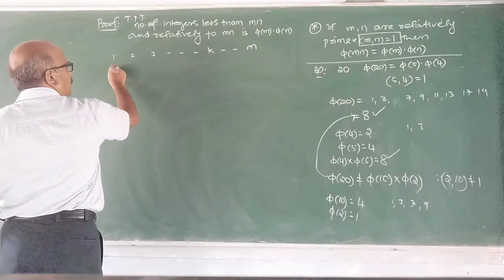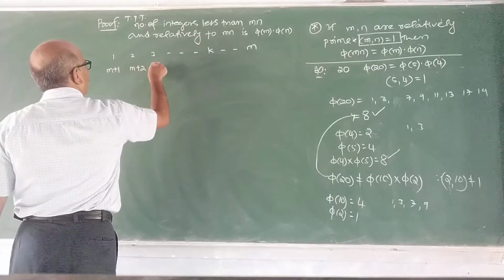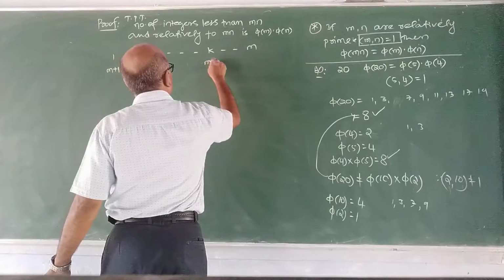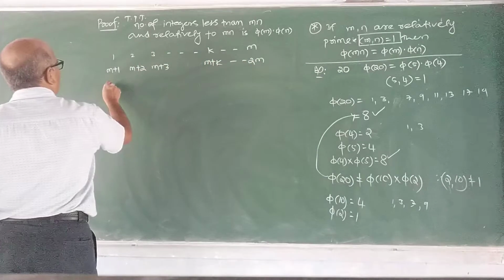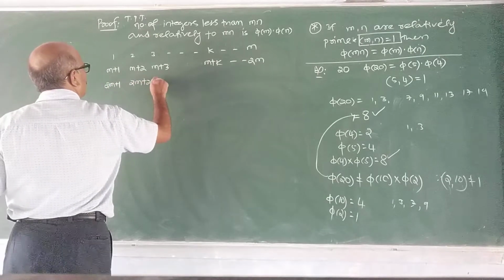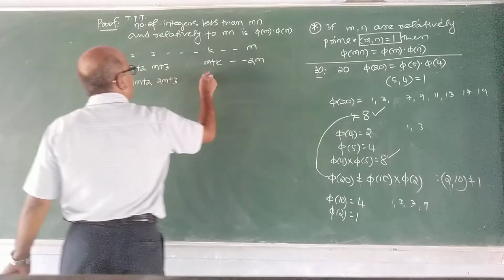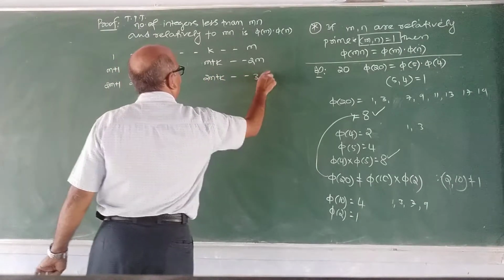Then m plus 1, m plus 2, m plus 3, m plus k, and m plus m, 2m. 2m plus 1, 2m plus 2, 2m plus 3, 2m plus k, so on, 3m.